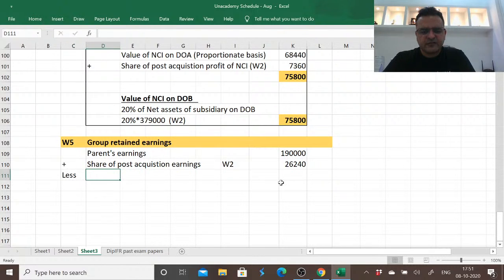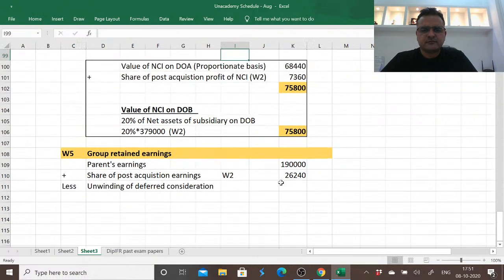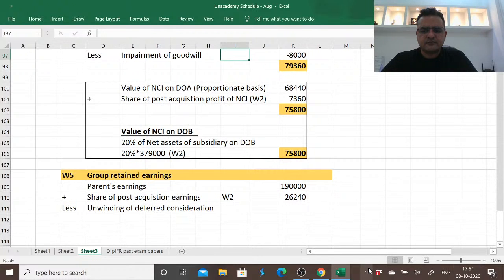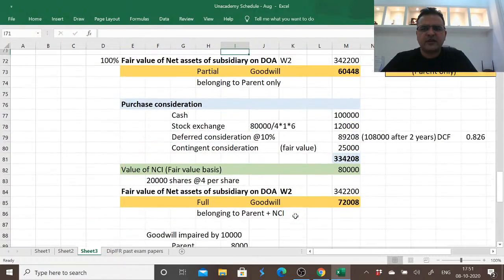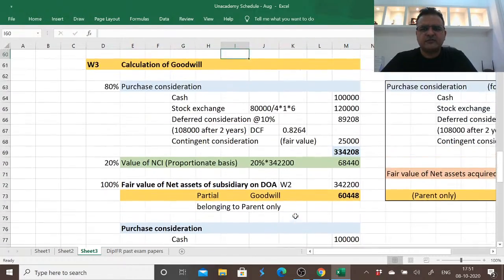In it, if there is any deferred consideration, we need to do unwinding of deferred consideration. So if you remember, we purchased on deferred consideration 108,000, which was discounted to present value.